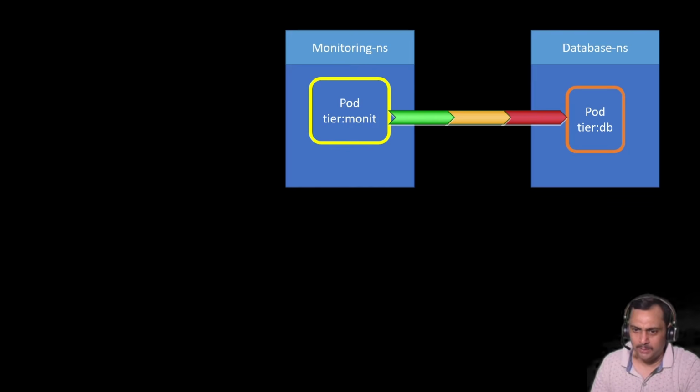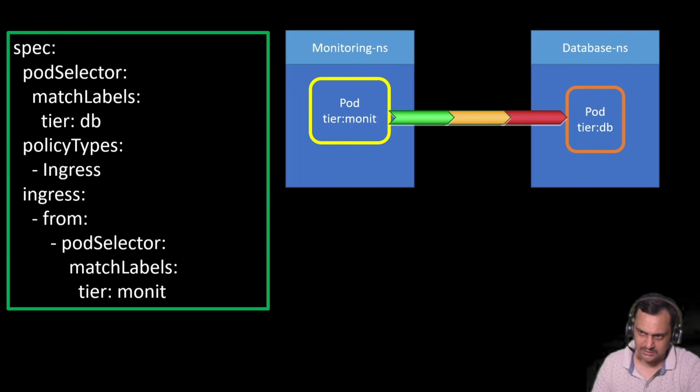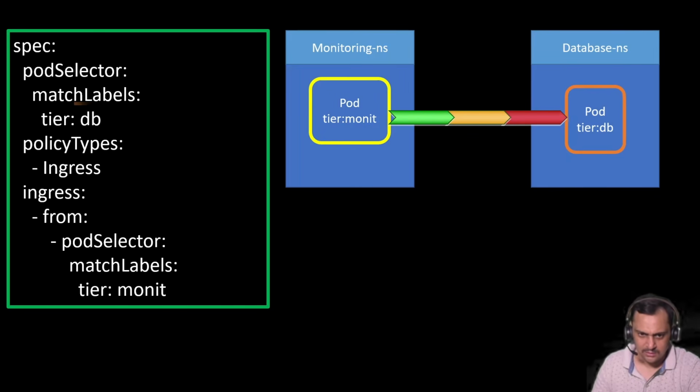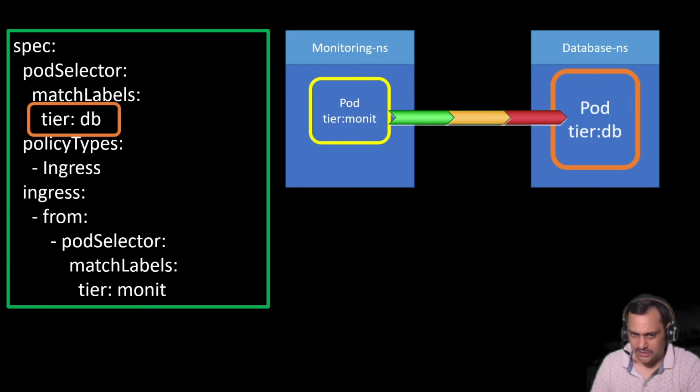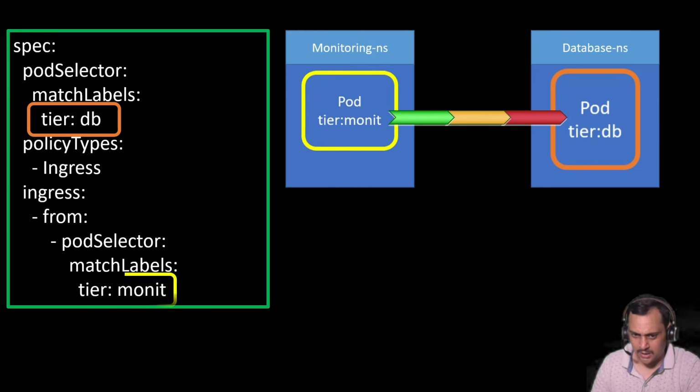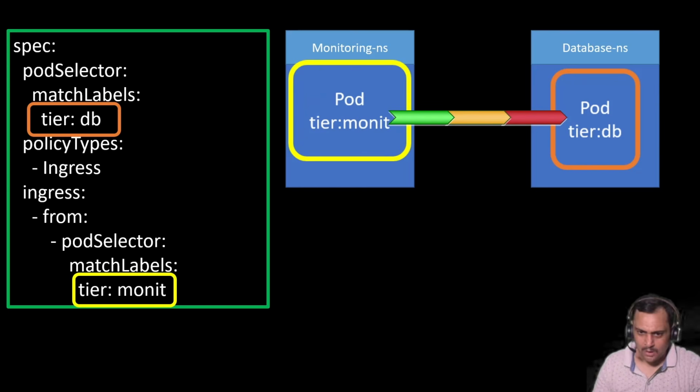If we want to enable the ingress rule for the database pod, then we have to write the manifest file like this. It matches tier equal to db and ingress tier equal to monitor, but it will not work because pod selector does not select pods from other namespaces.